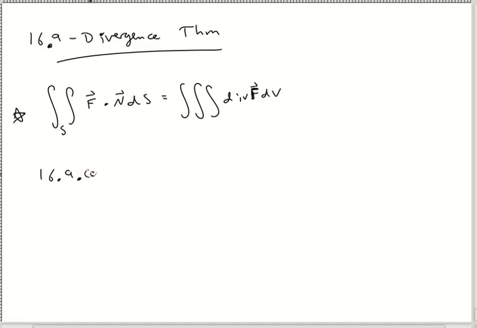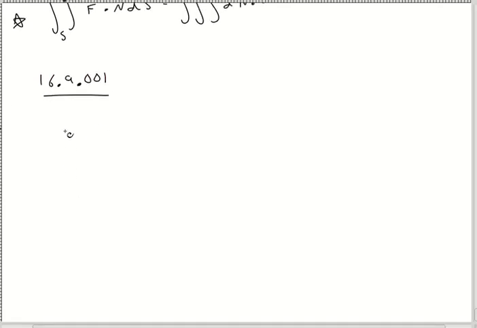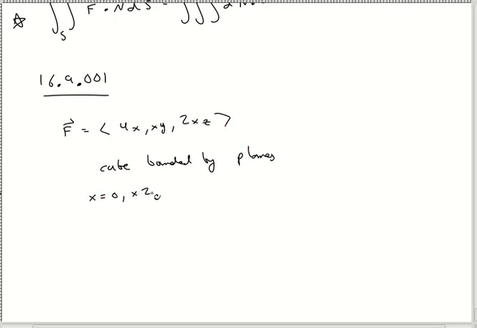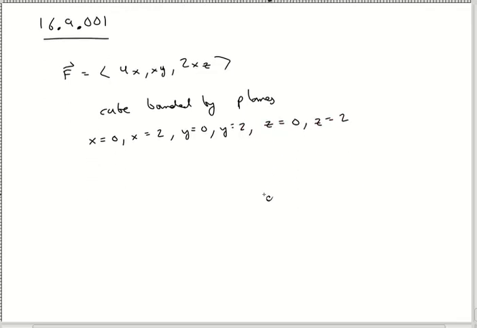So, 16.9 number 1, I got my F vector is equal to 4x, xy, 2xz, and they say this is over a cube bounded by the planes, and here's the big list: x equals 0, x equals 2, y equals 0, y equals 2, z equals 0, z equals 2.